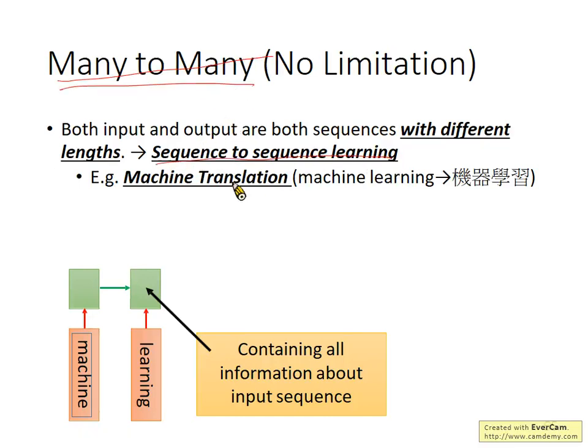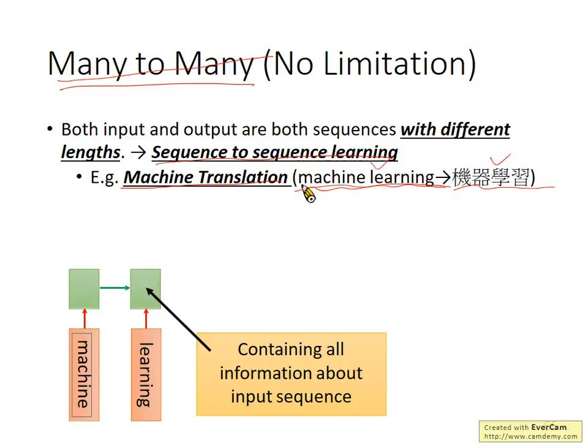sequence-to-sequence learning. A canonical example of such learning is machine translation. So we may try to input, for example, an English sentence called "machine learning", and in Chinese, we call it 机器学习. The length between input and output may be varied.